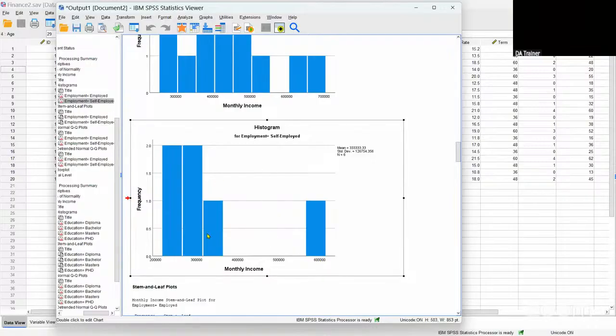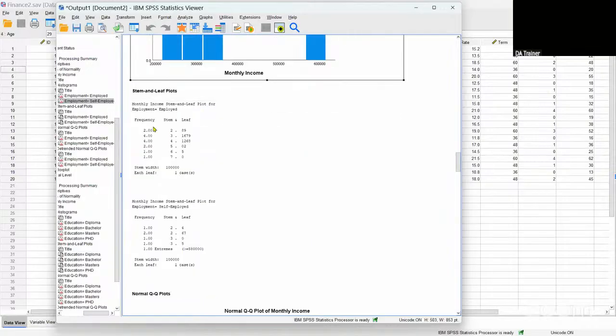So that means most of the people that are self-employed only earn 350,000 at most, and then one or two or a few persons earn above 500,000 naira.